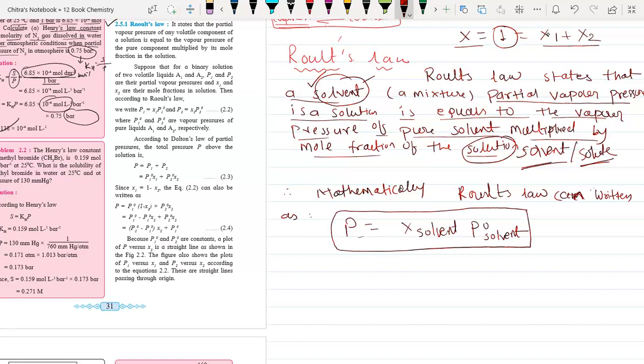Now we have to write where. Here we can write P of solution, which is the vapor pressure of the solution. Then X of solvent: what is X? Not vapor pressure of solvent, but the mole fraction of solvent.